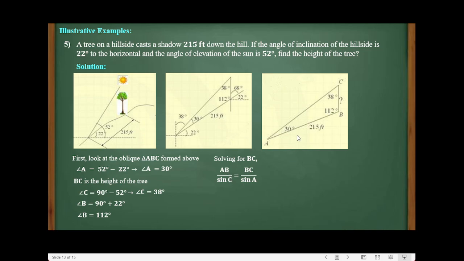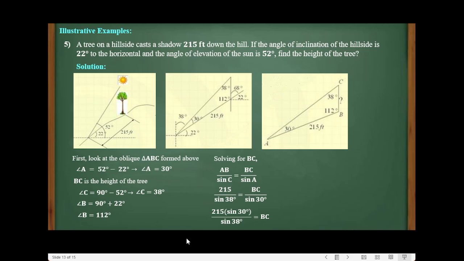So in this triangle, the two parts that are opposite to one another and given: 215, this is the side, and the opposite angle is also given as 38 degrees. So that is segment AB over sine of angle C. Then substitute. So 215 over sine of angle C, which is 38 degrees, is equal to BC over sine of 30 degrees.